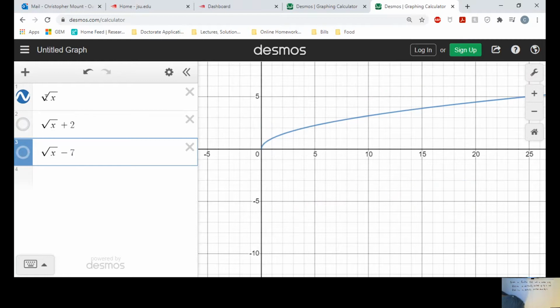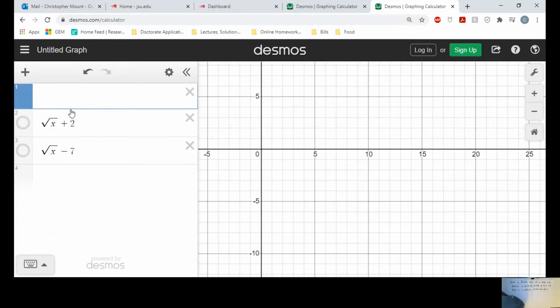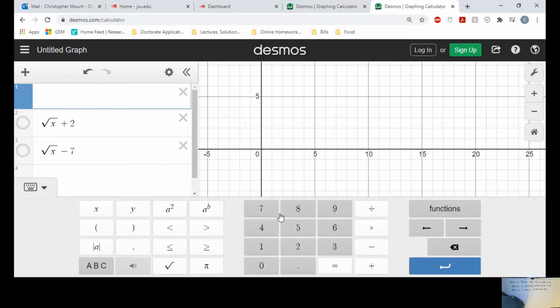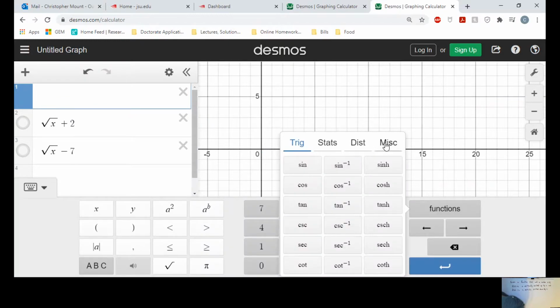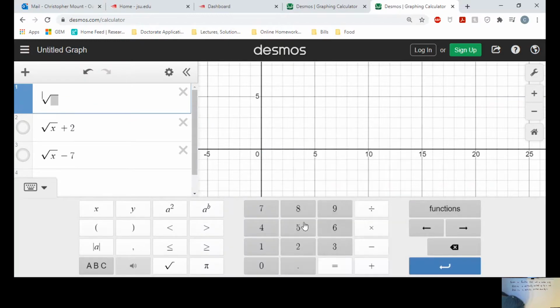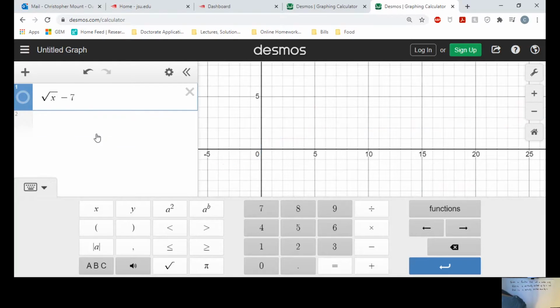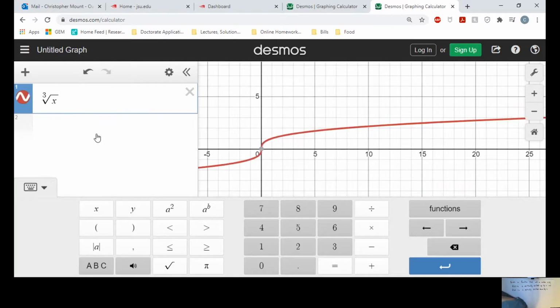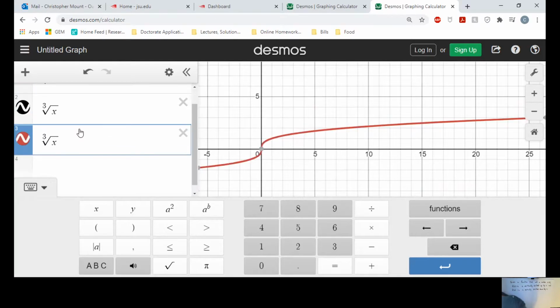Okay, what about a cube root of x graph? I have to remember how to do this. It was under functions and then miscellaneous, nth root, cube root of x.